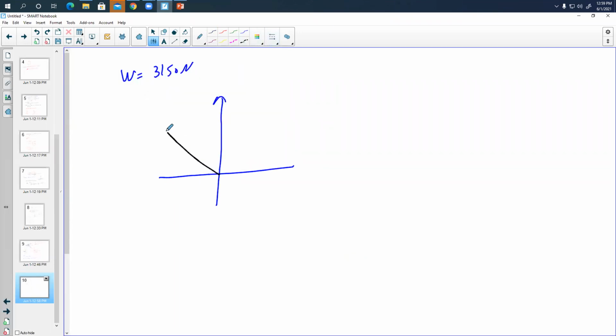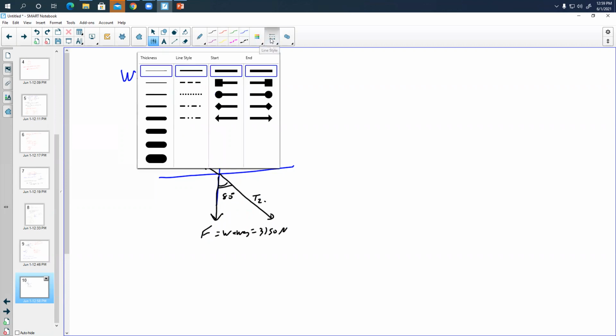So you got this one is 10 degrees with T1. This one is 80 degrees with T2. And of course, you got a force, which is your W, which equals your weight, which equals mg, which again is 3150 newtons. Now again, let me go right ahead.